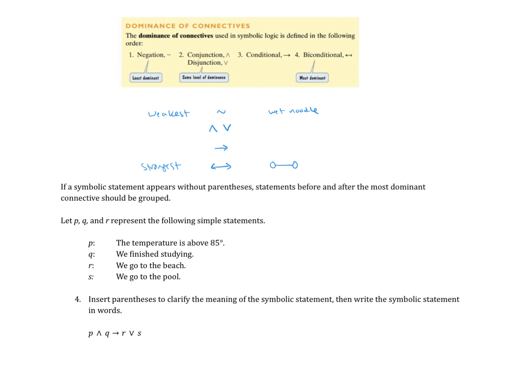So we have to decide which of our connectives is most dominant. So between and, if-then, and or, which is the strongest? Well, the conditional is stronger than and or. So our strongest or most dominant connective is going to be if-then.